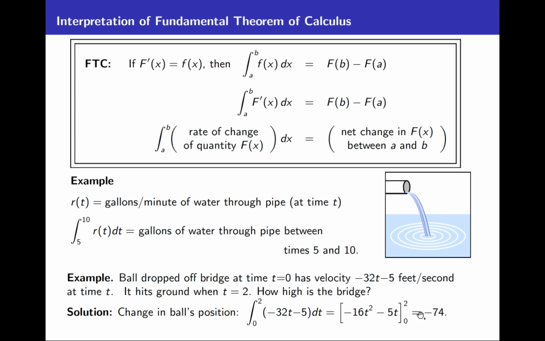So the net change in the ball's position between the time it was dropped and the time it hit the ground was minus 74 feet. That's negative because the net change was negative. The ball went down. And that tells us that the bridge is 74 feet high. So read about this interpretation of the fundamental theorem of calculus in terms of rate of change, and maybe work a few exercises.